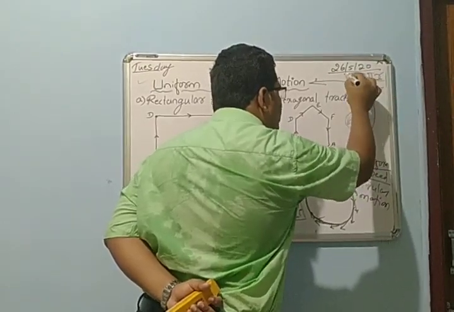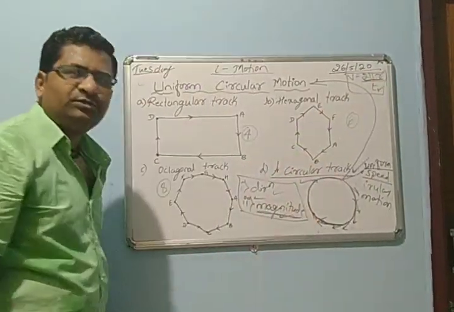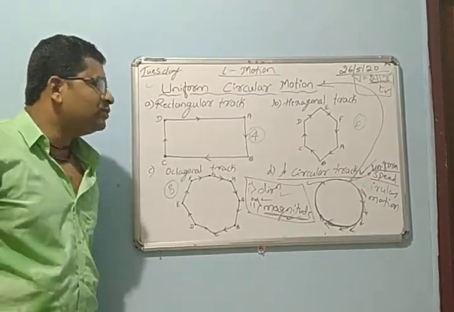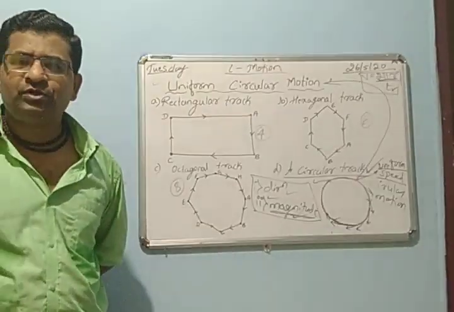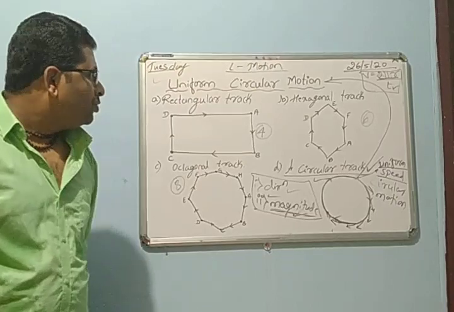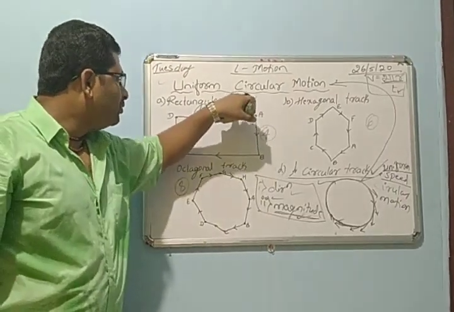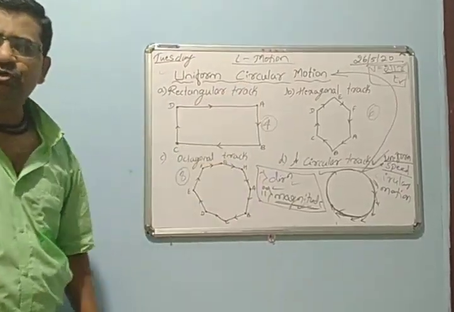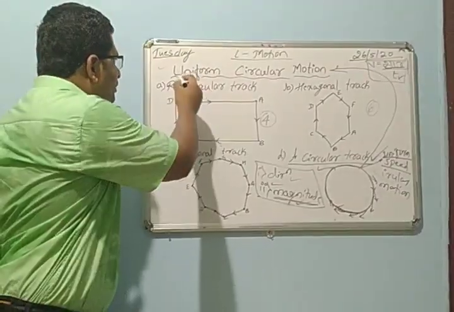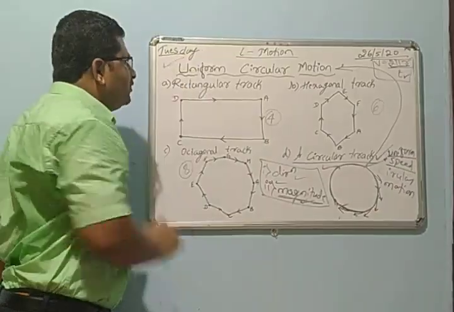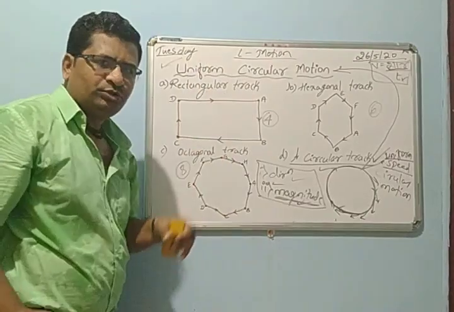So this is the formula to calculate the velocity in uniform circular motion. With this discussion we will come to know the meaning of the uniform circular motion.